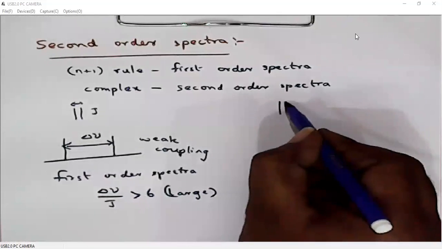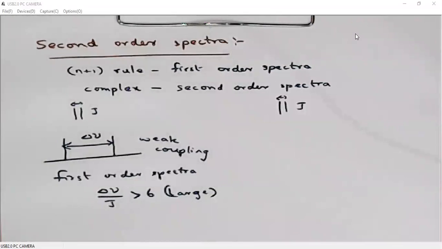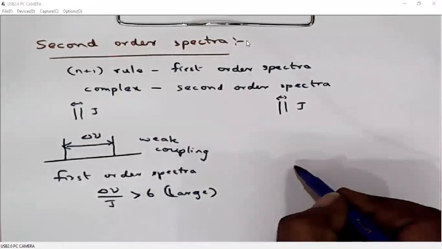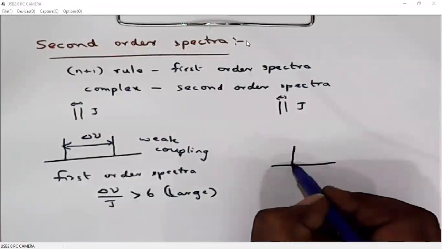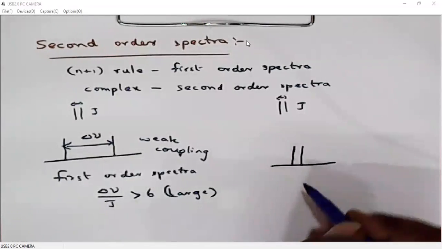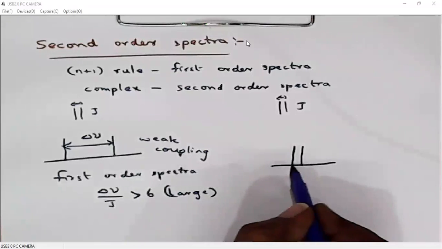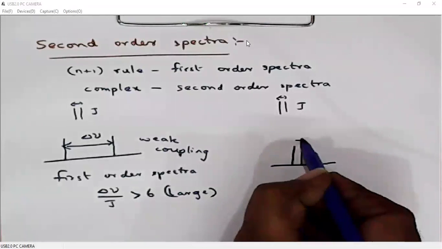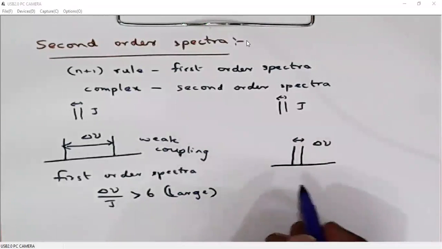Or for the same J value, that means we are not changing the J value, if these two protons are giving signals with a very low delta difference, that means here the delta difference is very, very small.